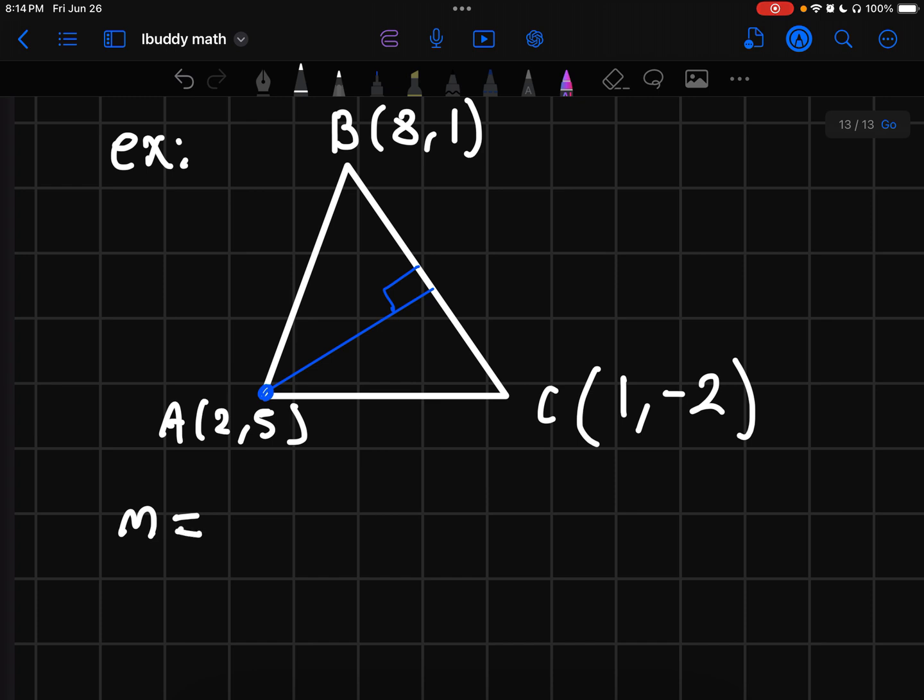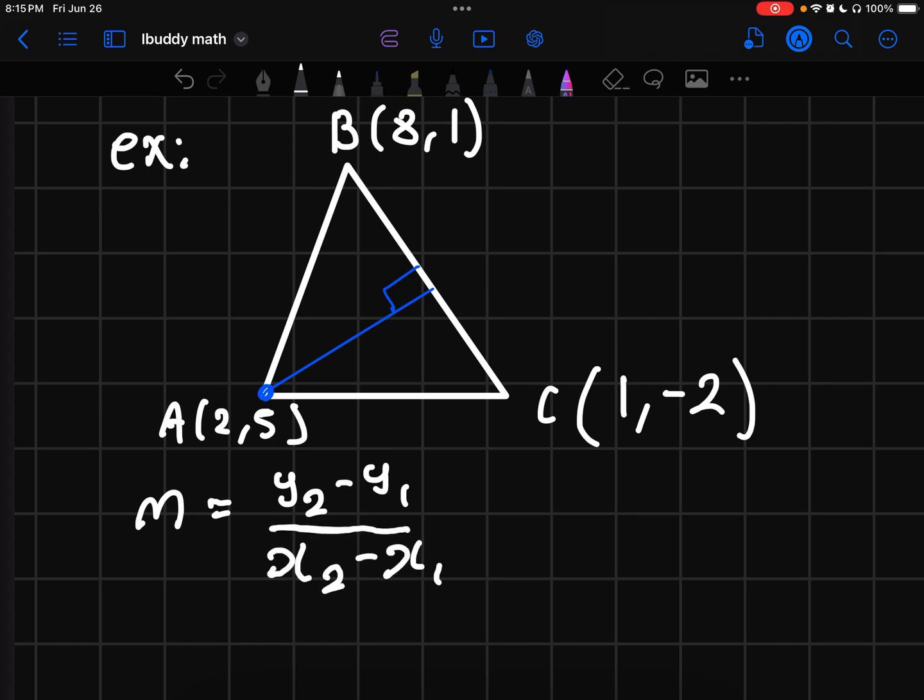M is equal to -2 minus 1 over 1 minus 8. But actually, before doing that, you guys should know that the slope formula is M is equal to y2 minus y1 over x2 minus x1.